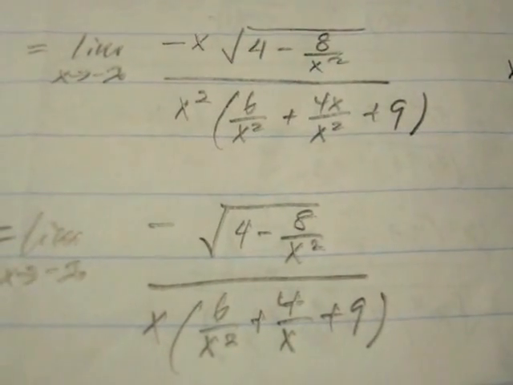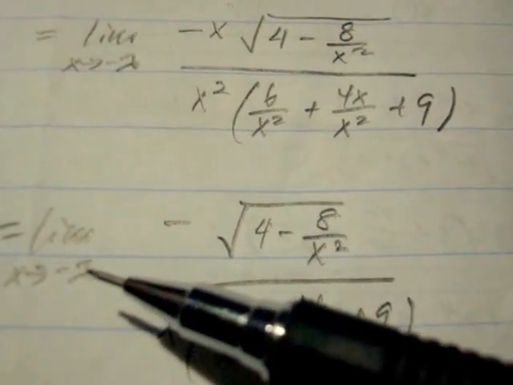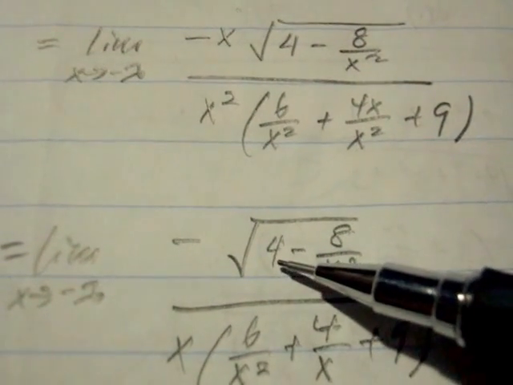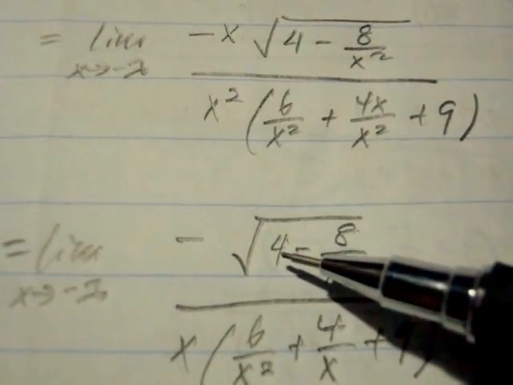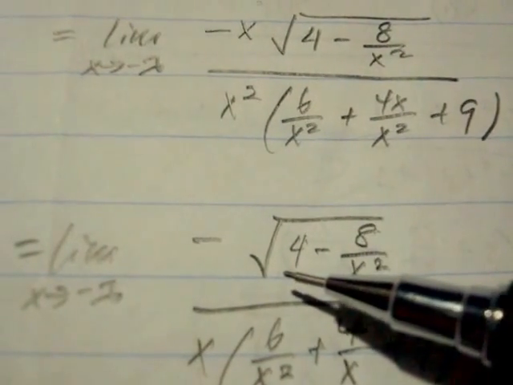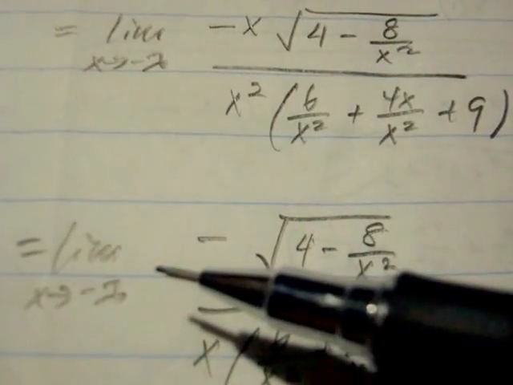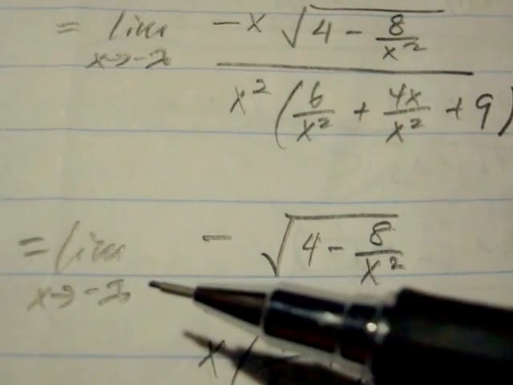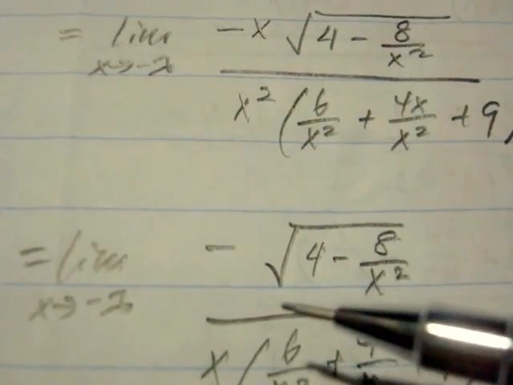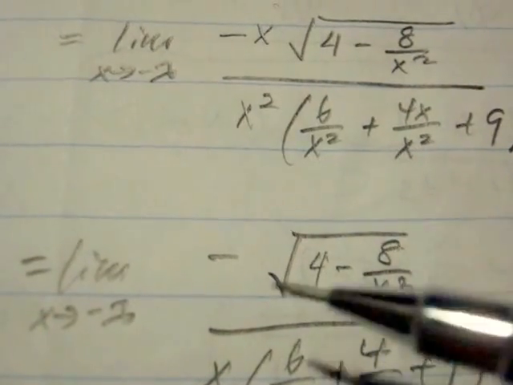And as you take the limit as x approaches negative infinity for radical 4, it will stay radical 4, negative radical 4, because anytime you take a limit for a constant number, it will be that particular constant number.